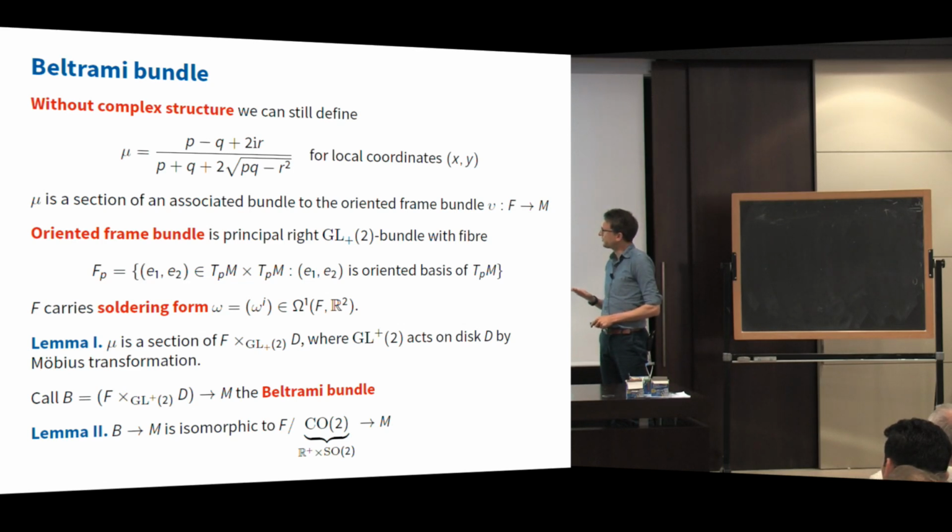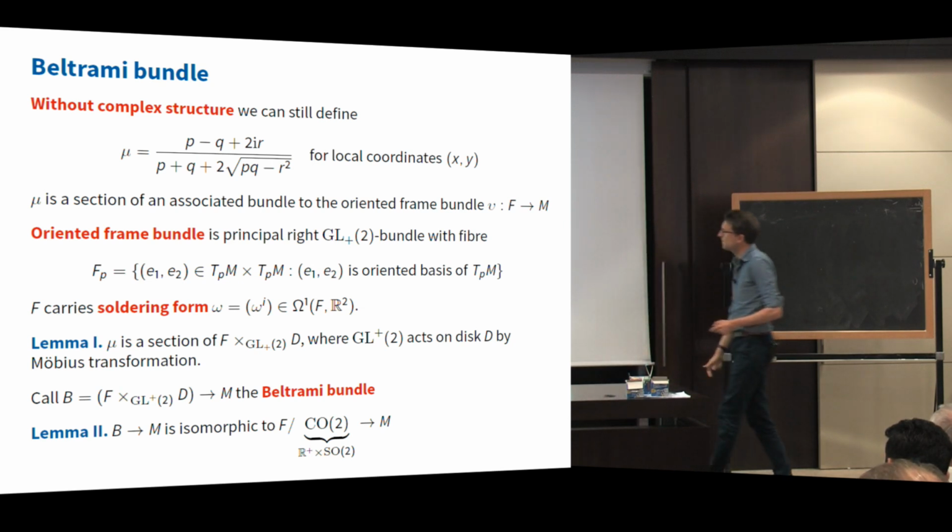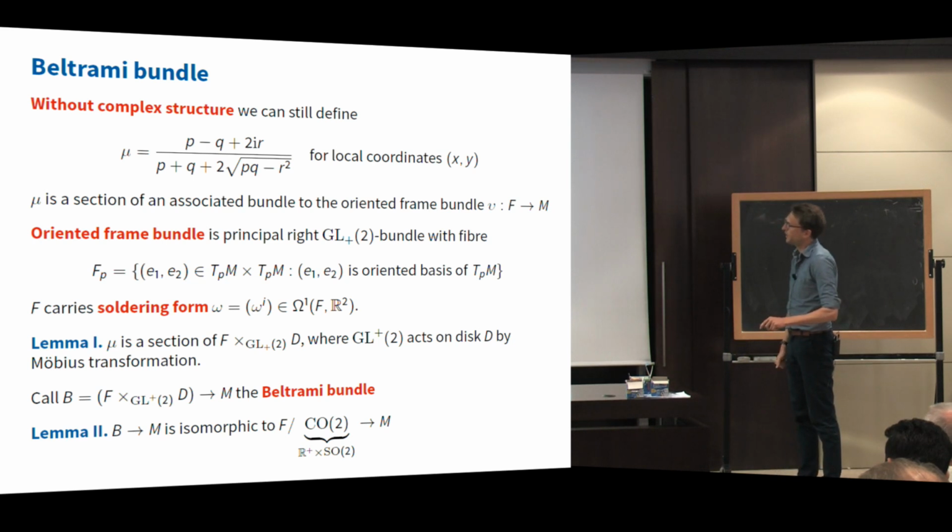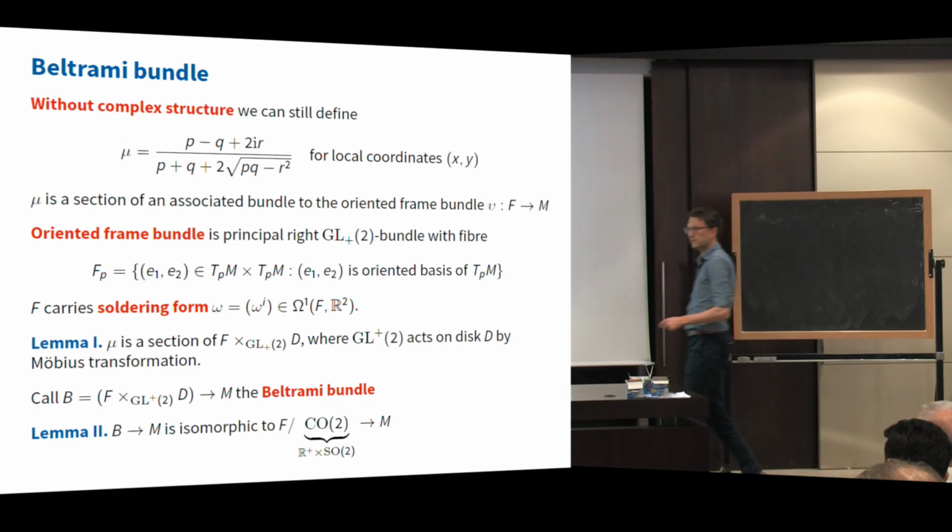But what is a section of this thing here? Well, it's a basis at each tangent space up to rotation and scale, which is precisely what a conformal structure gives you. And this is a GL plus 2 bundle, so if you divide GL plus 2 by this linear conformal group, it's like SL2 mod SO2, which is the disk. So this works out.